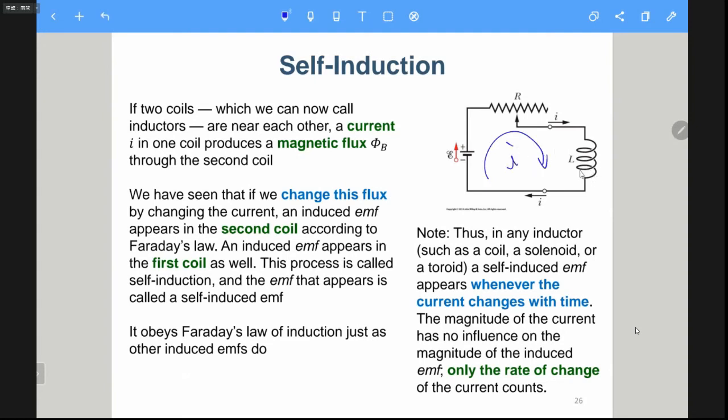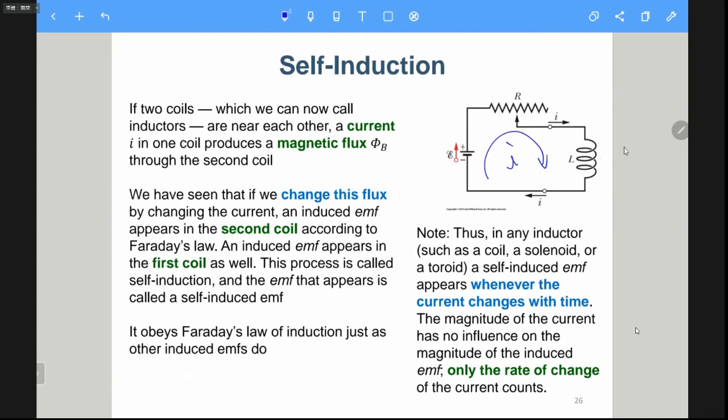Okay, as long as there is current going through this inductor, of course there will be a magnetic field generated by this solenoid or inductor. We have seen that if we change this flux by changing the current, an induced EMF appears in the second coil according to Faraday's law.